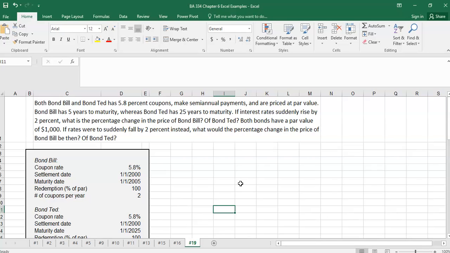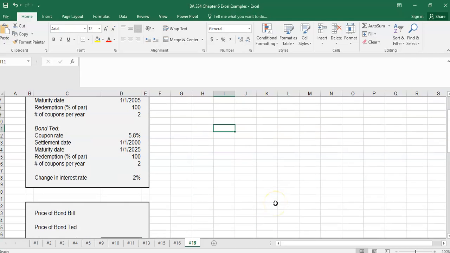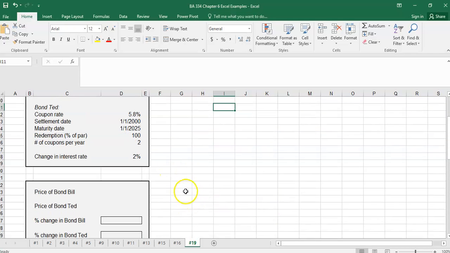So we want to know then what happens to our prices if the interest rates rise, and if the interest rates fall. So we're going to do some calculations looking at both. So the first thing we want to do is know the price of the two bonds.